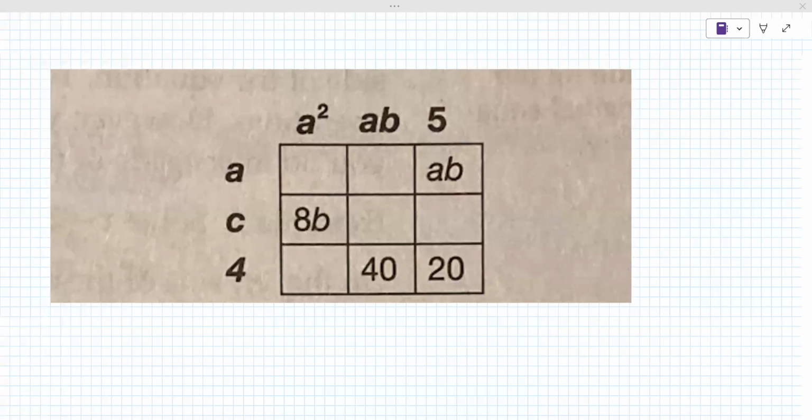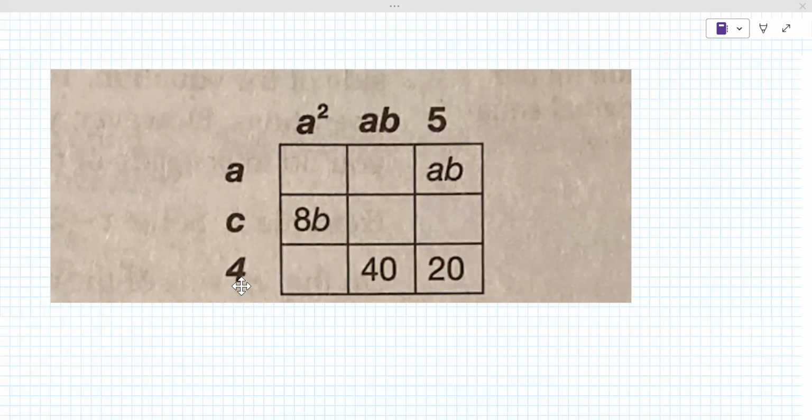Okay. So in the lower row, see how this is 20? It's 4 times 5 gets you to 20. Do you see that?